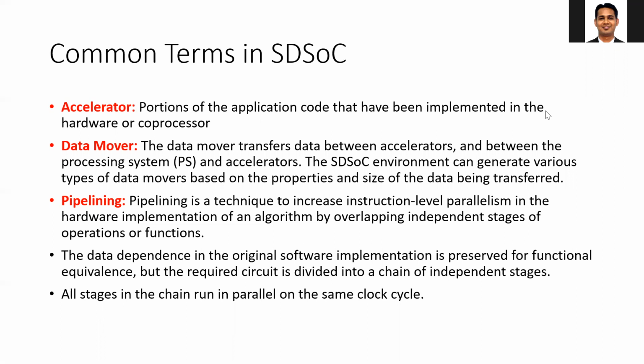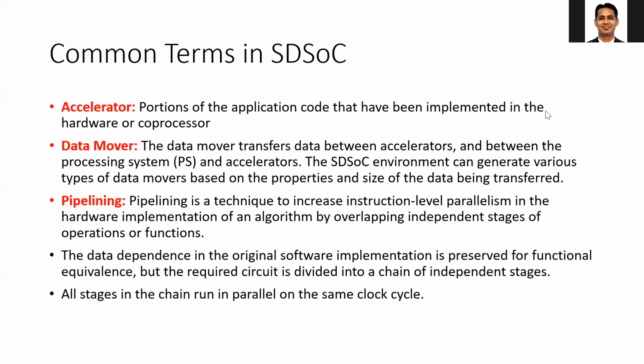But the required circuit is divided into a chain of independent stages. Going back to the same example, the function is not one block of operation which consists of read, compute, and write. The function consists of three blocks. One block is read, the second is compute, and the third block is write. So you divide your function or the loop into a chain of independent stages.